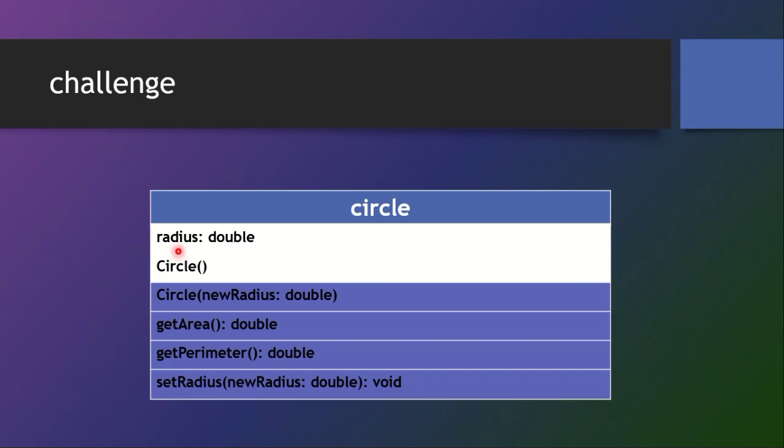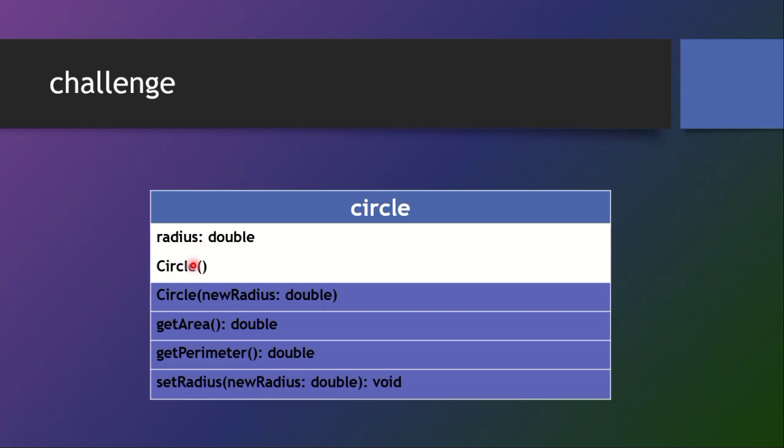Anyway, so we have radius, double, and circle. This is a challenge for you, and I've given you this UML. If you understood the previous concept we were just talking about, then this should not be a problem for you. So just try to implement whatever you feel like implementing. This is the circle class, and we have our data fields here.